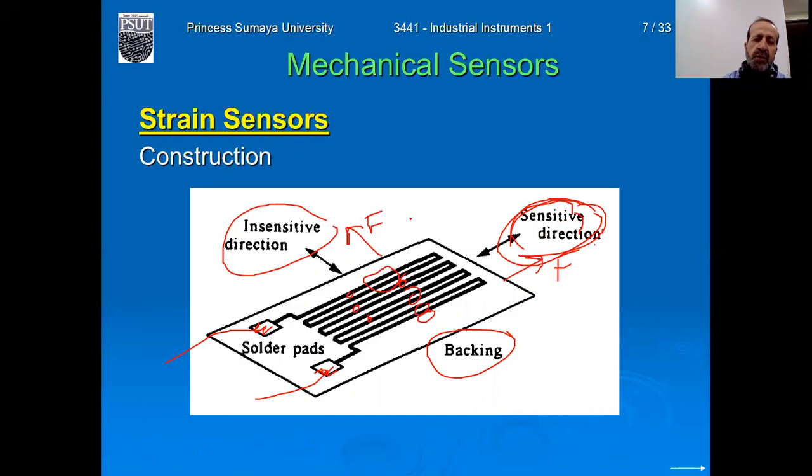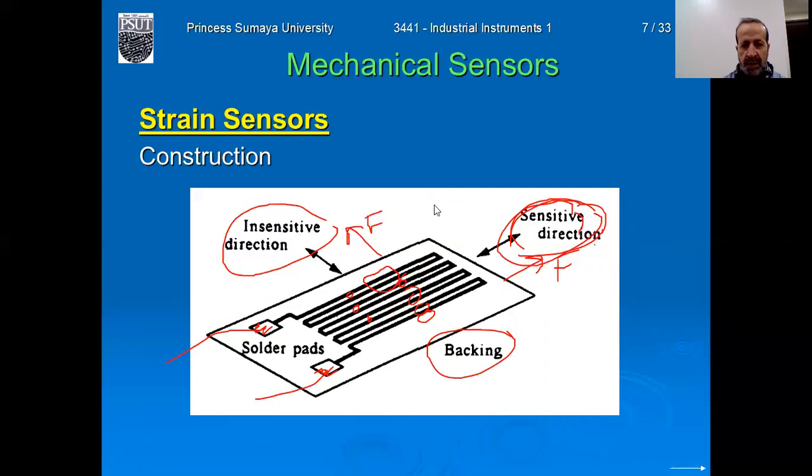So a strain gauge actually is a sensor that uses the change in resistance as a measure of the strain. As you increase the stress, you increase the strain, which means you increase the length, which means you increase the resistance. When you put it in the Wheatstone bridge, this increase in resistance will cause an increase in voltage at the output of the Wheatstone bridge, as we will see.